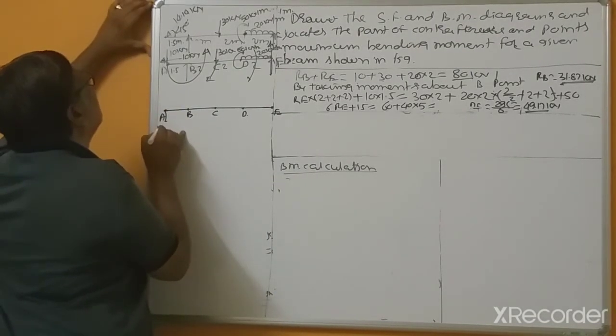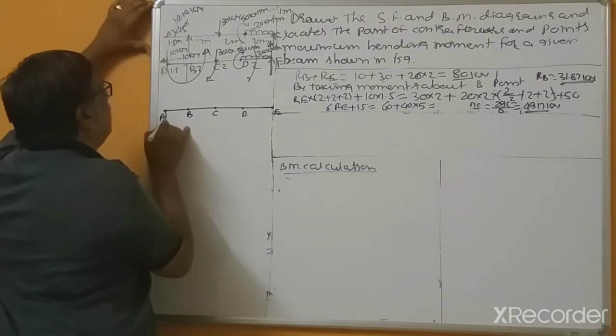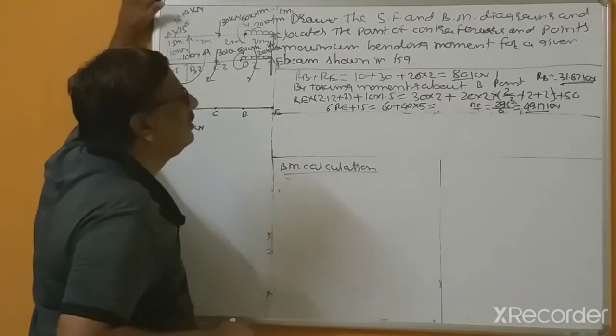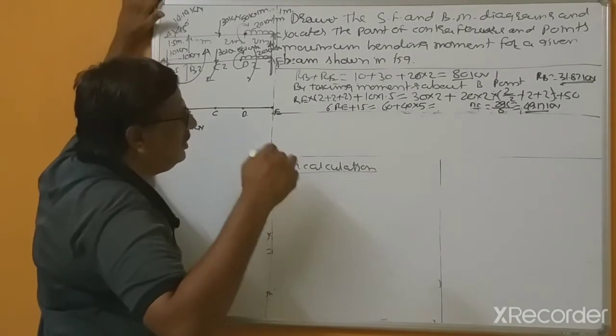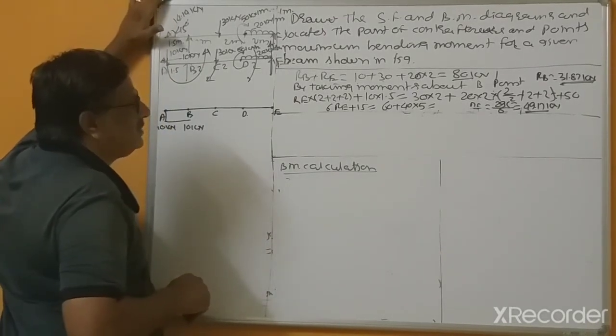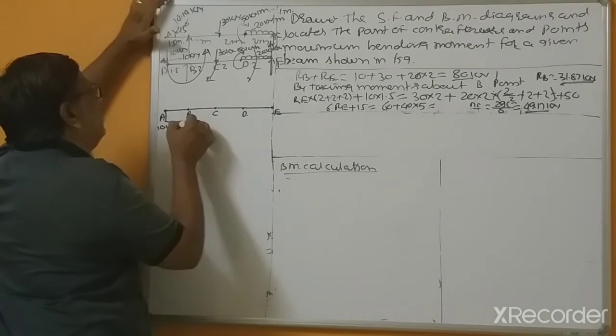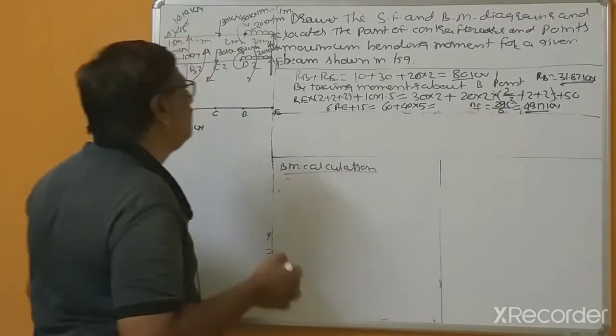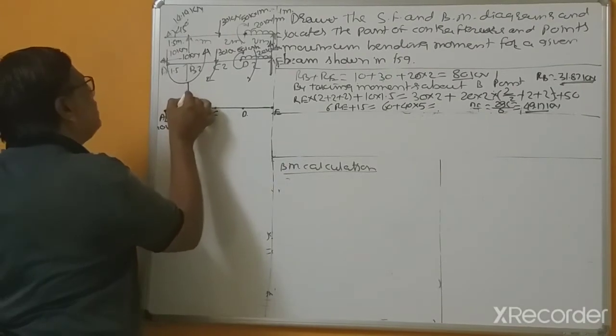Suppose 10 kilonewton. Here also 10 kilonewton. At B point, RB 31.87. So that's why this is 21.87, minus 10 kilonewton plus 31.87. So that's why 21.87 kilonewton.